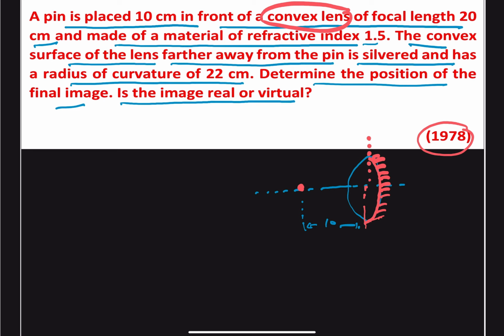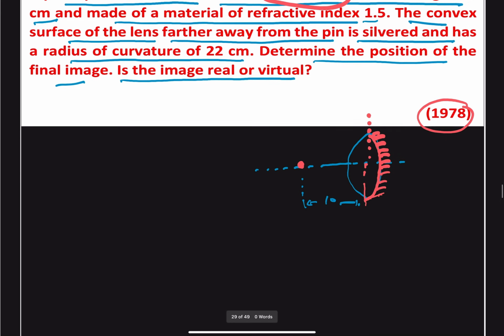Basically now the convex surface is silvered, so it will be a mirror lens combination, because the silvered surface is now going to act as a mirror.